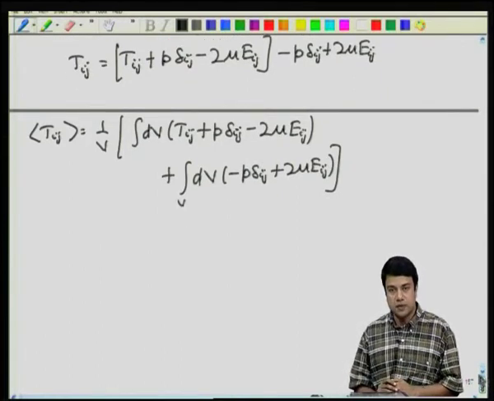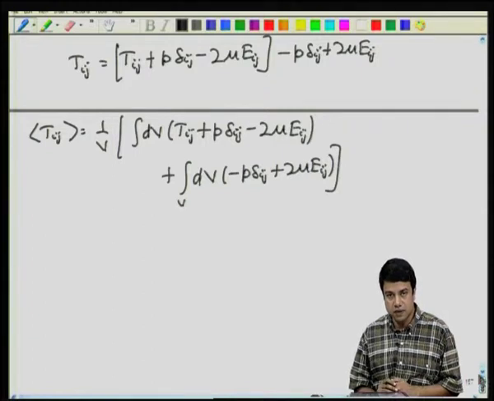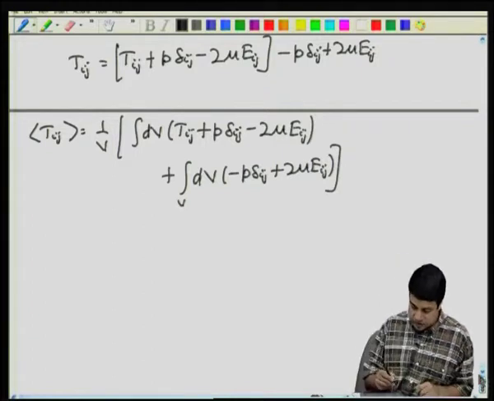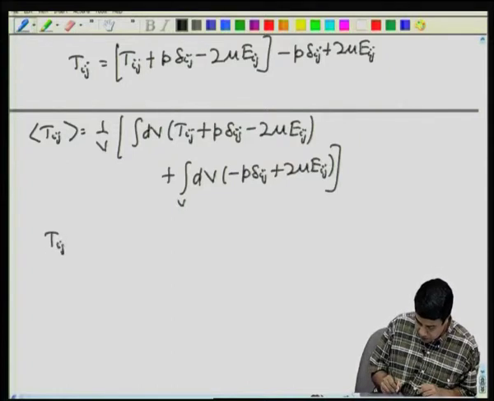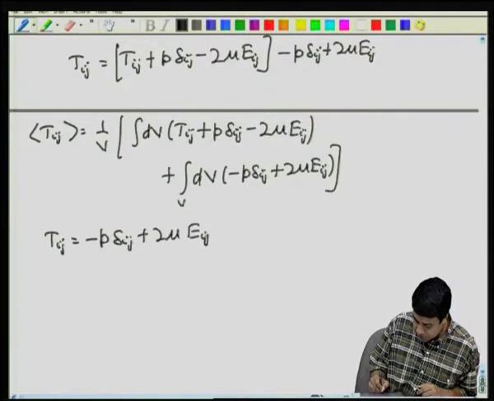Now, we know that the constitutive relation for the fluid stress tensor is Tij is equal to minus P delta ij plus 2 mu Eij.